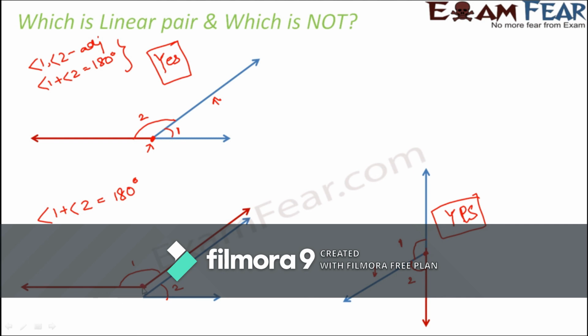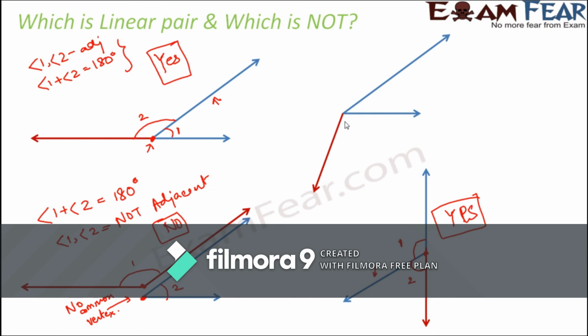No. The vertex for angle 1 is this and the vertex for angle 2 is this. So there is no common vertex. Since there is no common vertex, angle 1 and angle 2 are not adjacent. If they are not adjacent, they cannot be a linear pair, because in order to become a linear pair, they must be adjacent and they should also be supplementary.